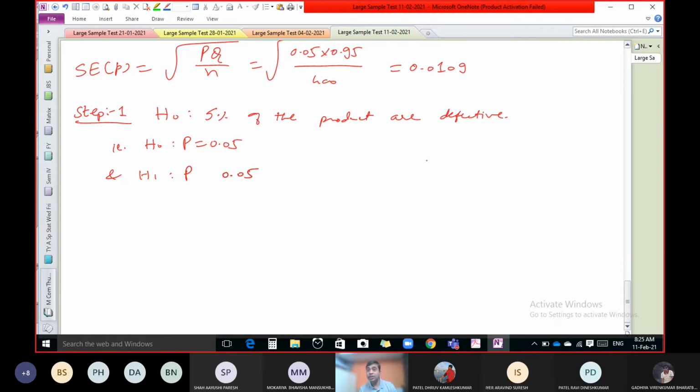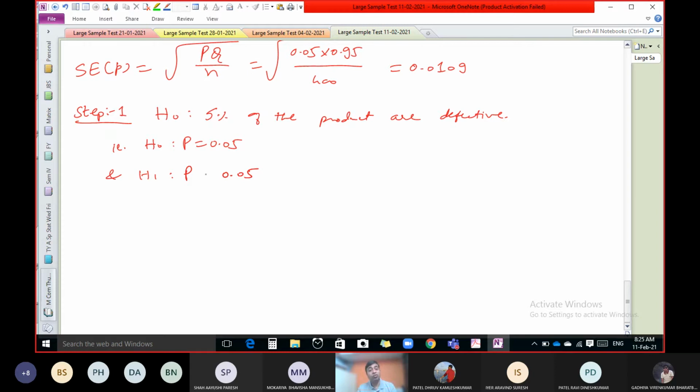I can understand your argument very well. If we write here greater than, then H naught, p equal to 0.05, indicates the claim is correct, means whatever claim is given in the question, that is true. So here we have to write that the claim is not true.